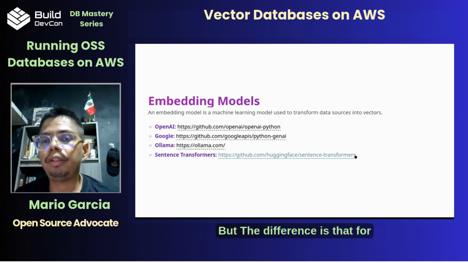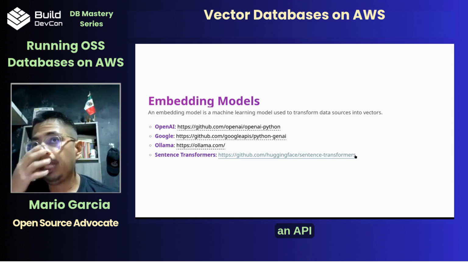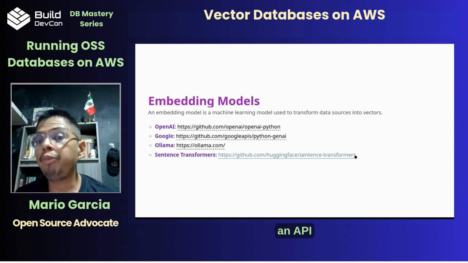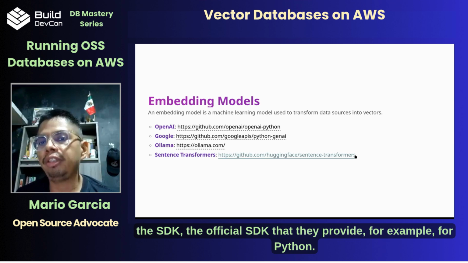The difference is that for the first two and the models they provide, we must create an API key to access the models and use the official SDK that they provide, for example, for Python.